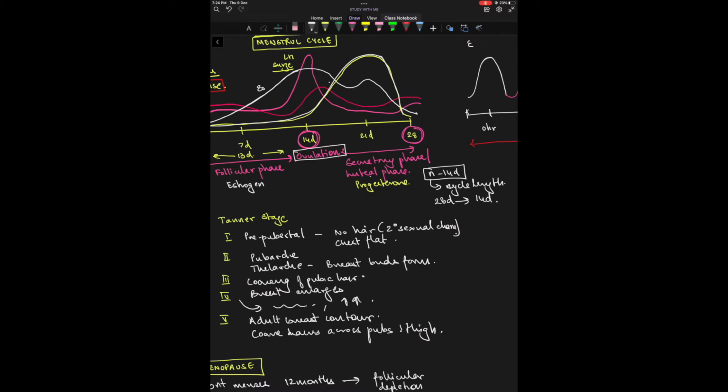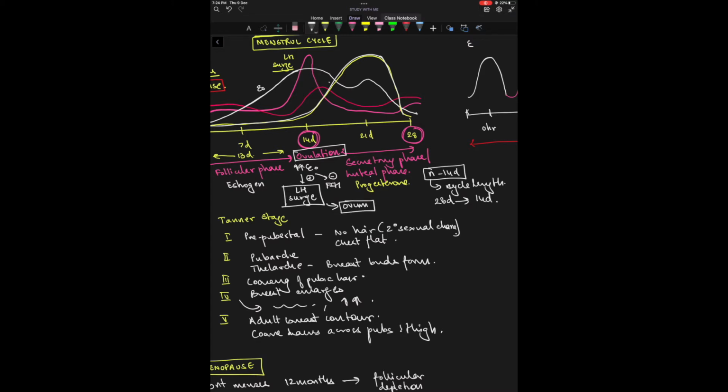Now, what happens is that estrogen is at its peak. So, what will it do? It will give a positive feedback to the pituitary gland to secrete LH, right? While it will inhibit the FSH. There will be an LH surge, which leads to rupture of the ovarian follicle and release of a mature ovum.